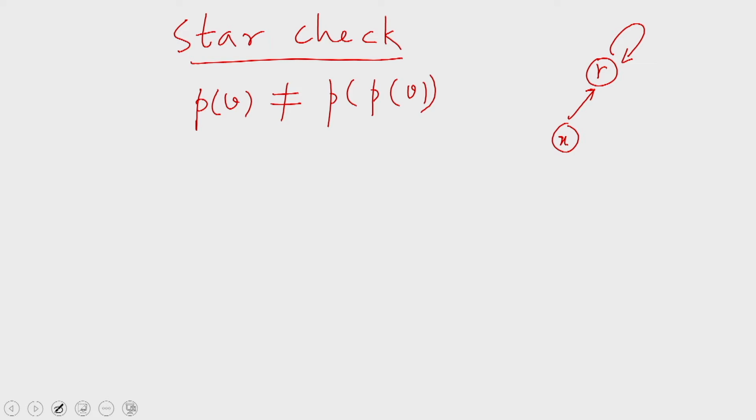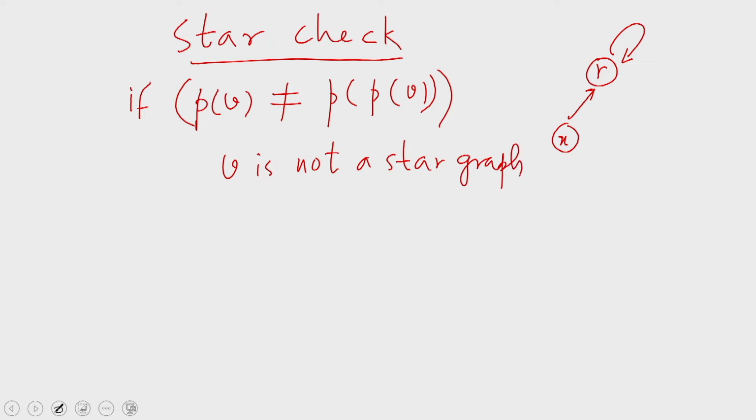But here we are explicitly checking whether P of V is not the same as P of P of V. So, this condition is satisfied only if V is neither the root nor a child of the root, which means V does not belong to a star graph. So, for every vertex, if this condition is satisfied, V is not in a star graph. It is easy to check for all vertices that are neither roots nor children of roots.